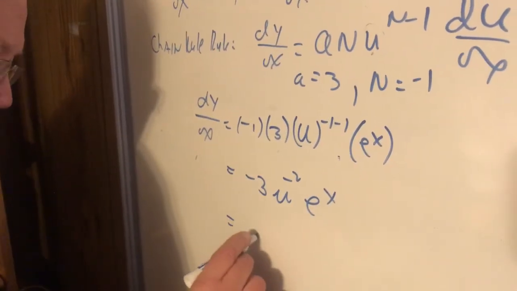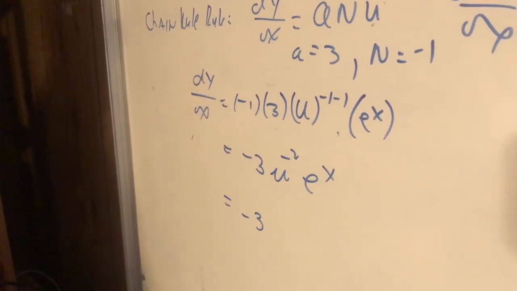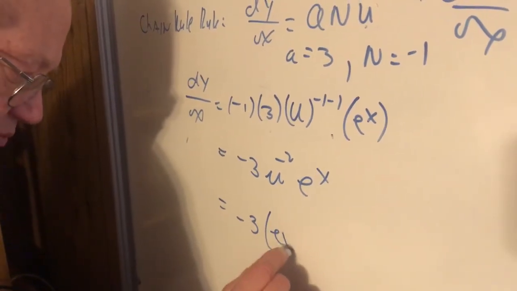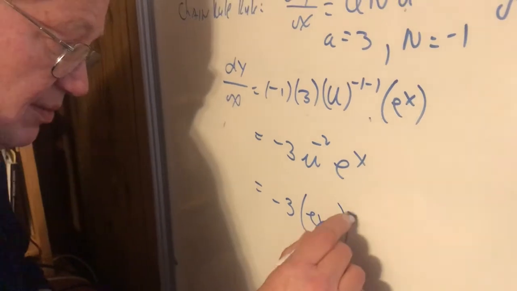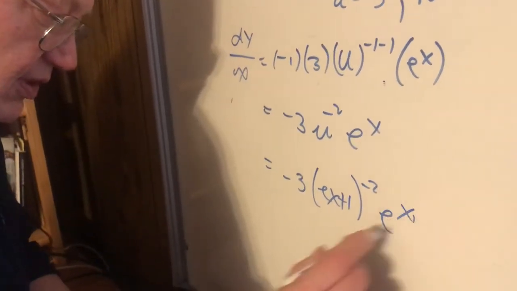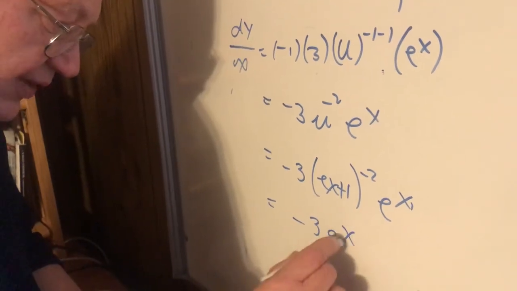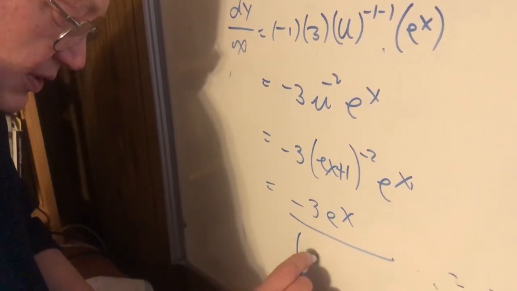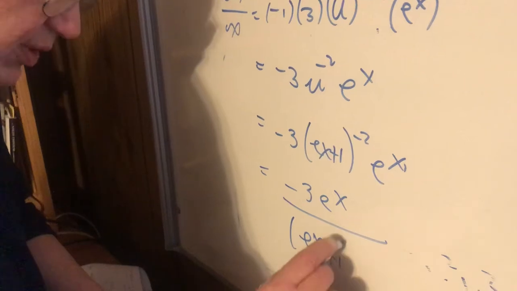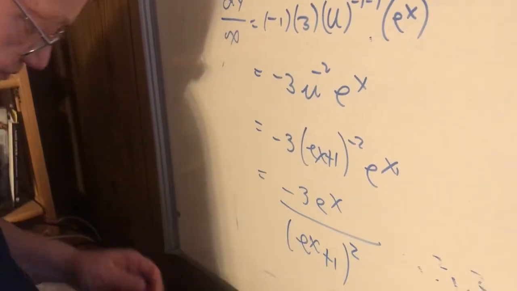Or minus 3, u is e to the x plus 1, minus 2 e to the x. Or minus 3 e to the x over e to the x plus 1 squared.